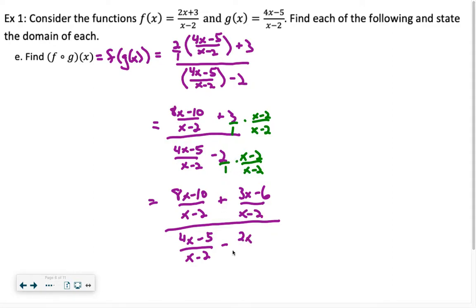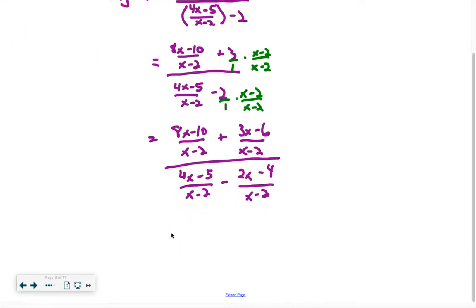And then since I left that subtraction sign out front, we're thinking about this as 2 times negative 2, so minus 4 all over x minus 2.